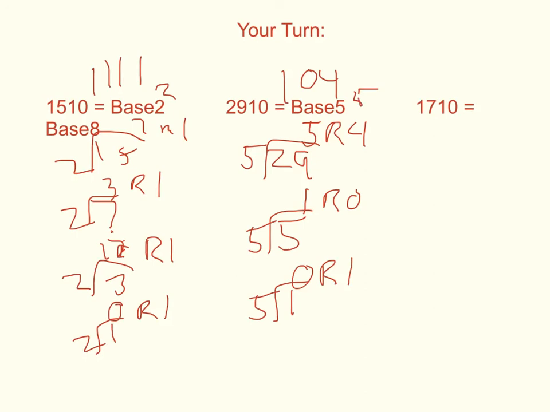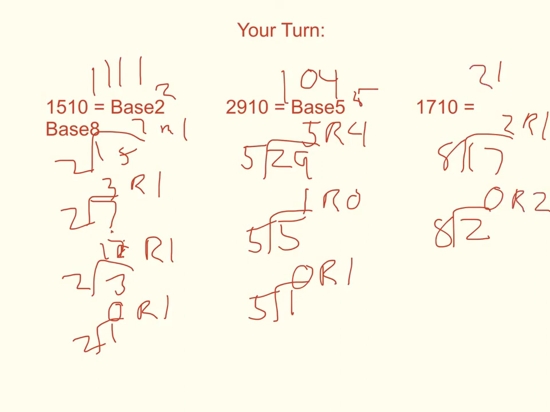And then finally, my 17 in base 10 converted to base 8. 17 divided by 8 is 2 with a remainder of 1. Put the 1 on the end. 2 divided by 8 is 0 with a remainder of 2. So the answer there should simply be 21.